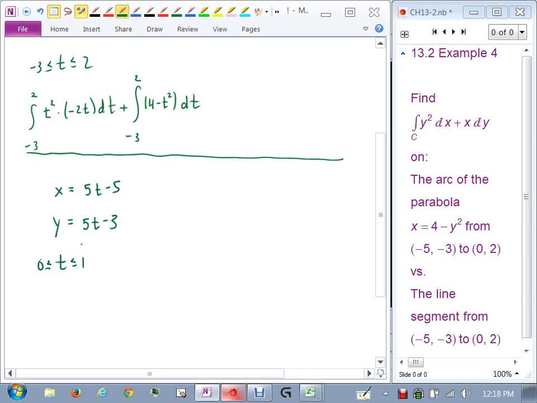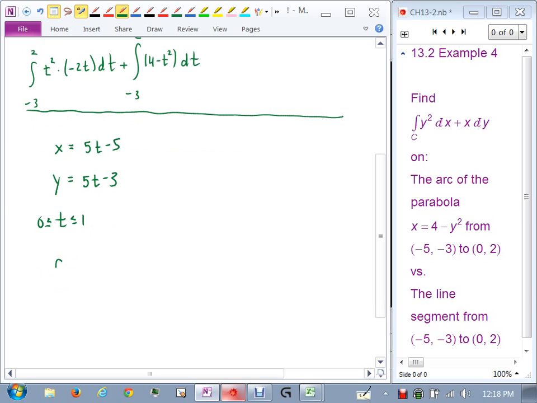So your line integrals would be the integral from 0 to 1 of y squared, which would be (5t minus 3) squared, dx, which would be 5 dt, plus the integral, same thing, 0 to 1, or we could put it all together, then x, which is 5t minus 5, dy, which is 5 dt.